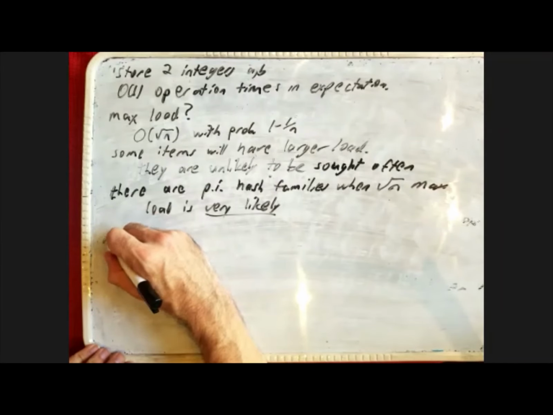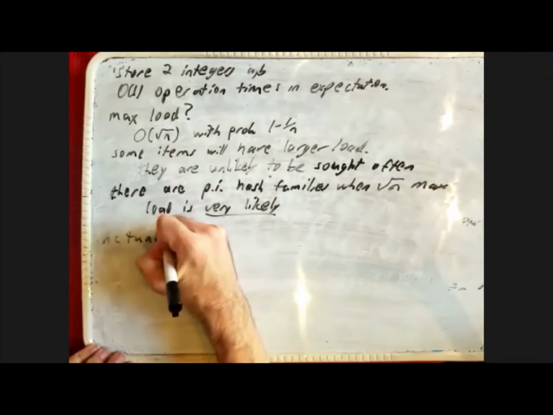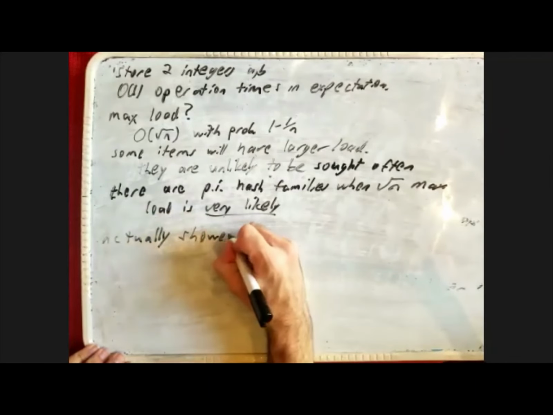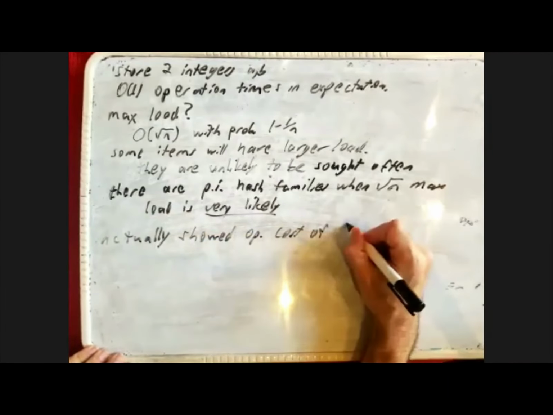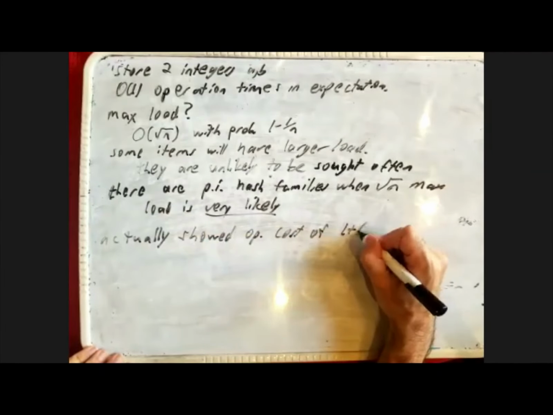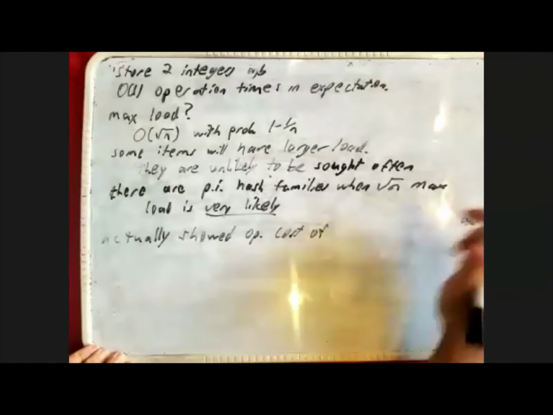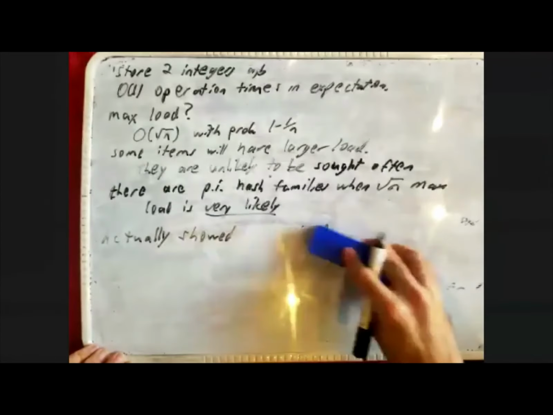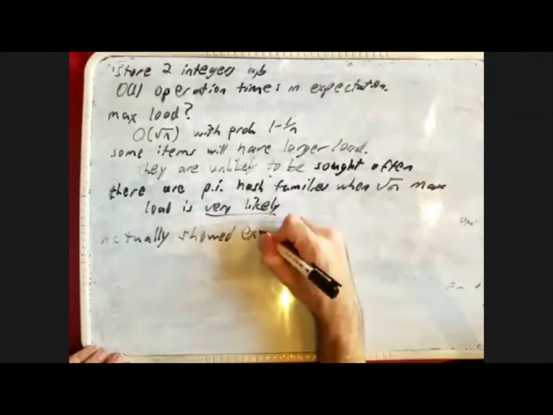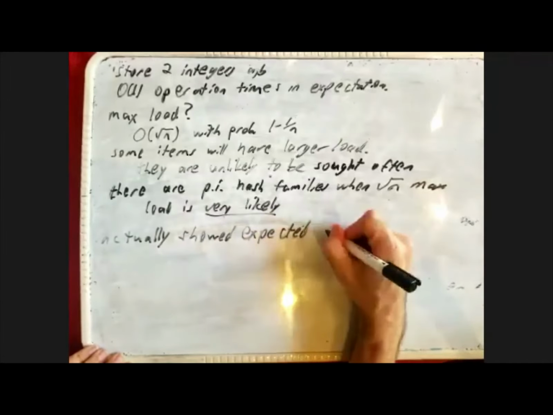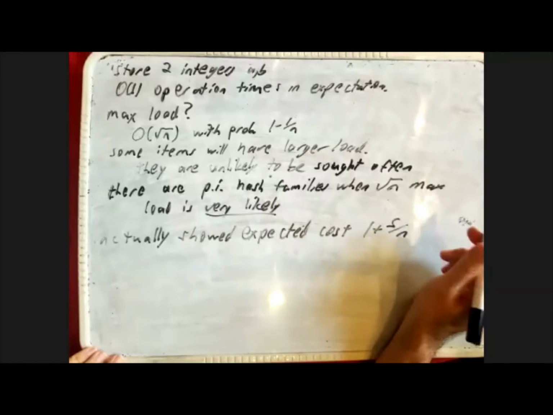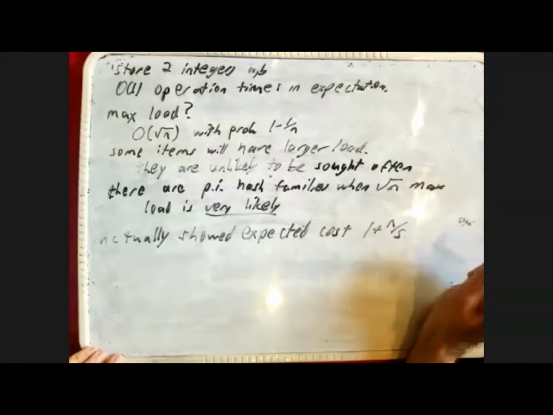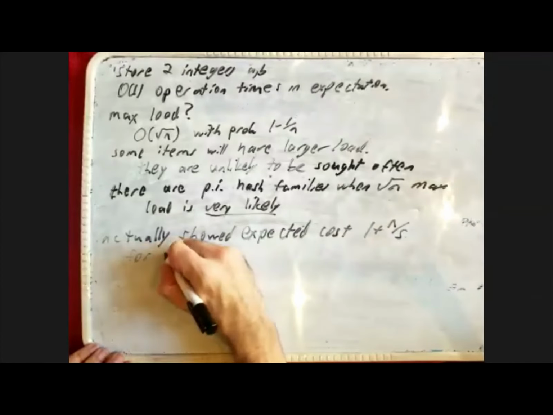We actually showed an expected operation cost of 1 plus n over S, where S is our space and n is the number of items.